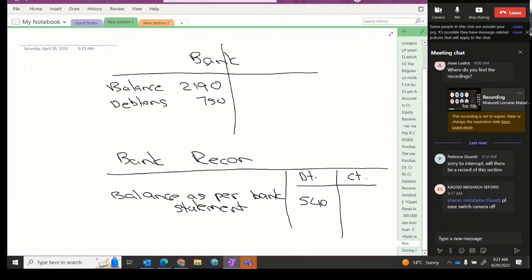So actually, all the transactions you get, you must just think for yourself, where is this transaction now and where must I change what? So you agree that the 750 must go into your bank account because it's already reflecting on the bank statement.